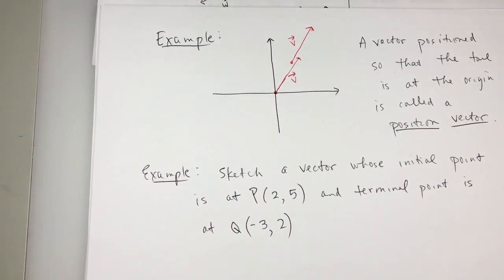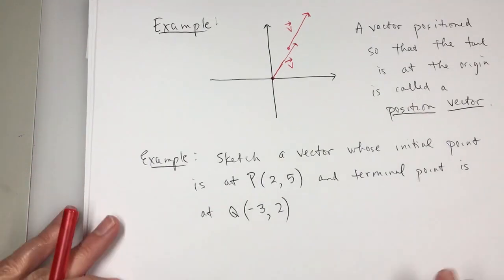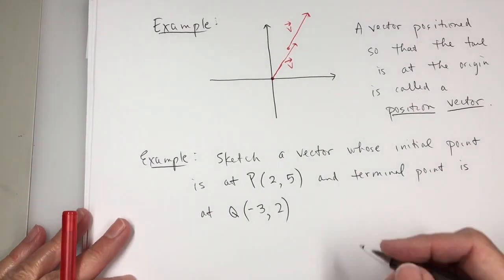So I want to sketch that vector, and then I want to also sketch the position vector. I want the same vector, but I want to put it where the initial point's at 0, 0.